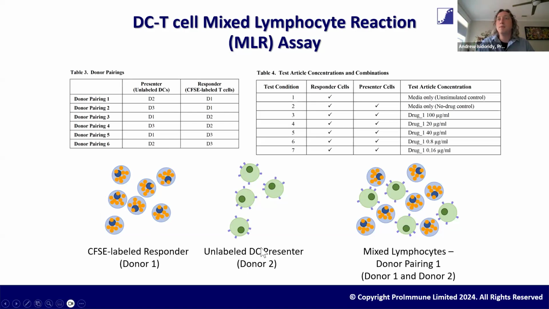You would have your unlabeled dendritic cells, the presenter cells, from donor 2. And then you would have them mixed as a mixed condition. You would have 6 different versions of this. And then along with that, you would incubate your test conditions. In this case, we have your controls as well as your drug product in 5 different concentrations.